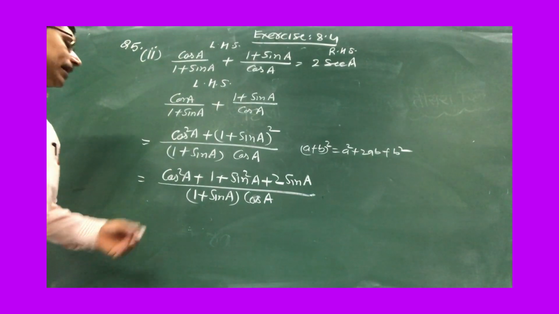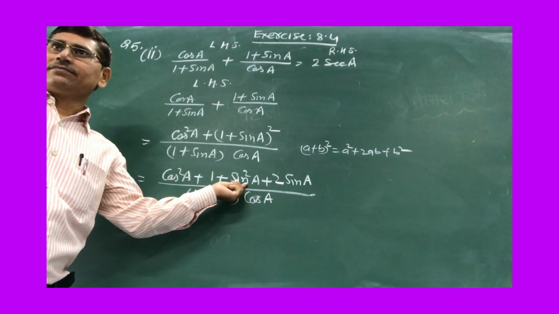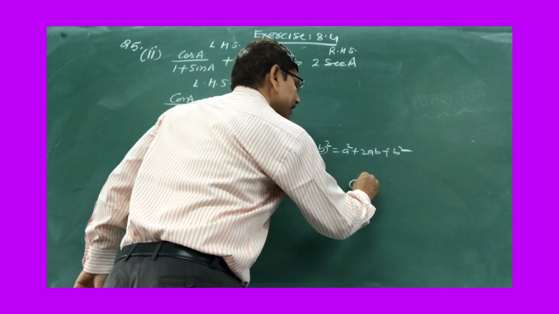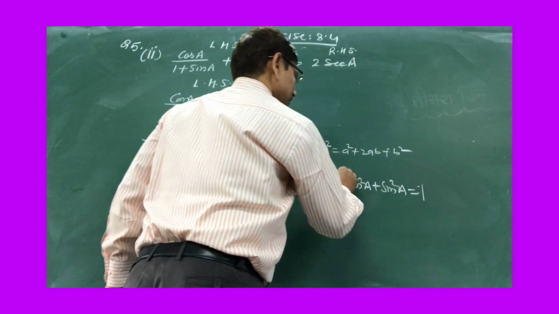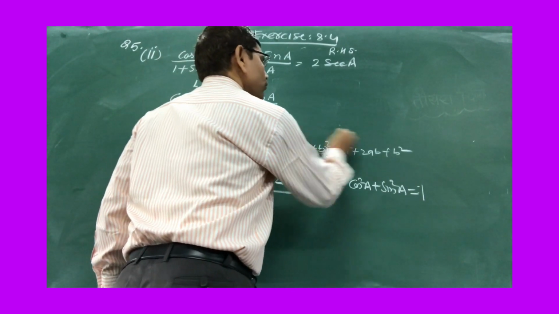So dear, you can see that this cos square A plus sin square A gives you an identity, that is cos square A plus sin square A equals 1. So these two are identities which you used here.